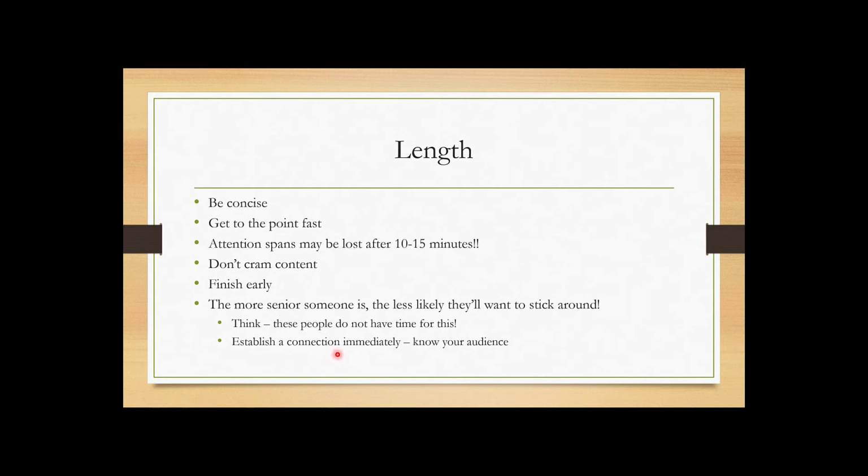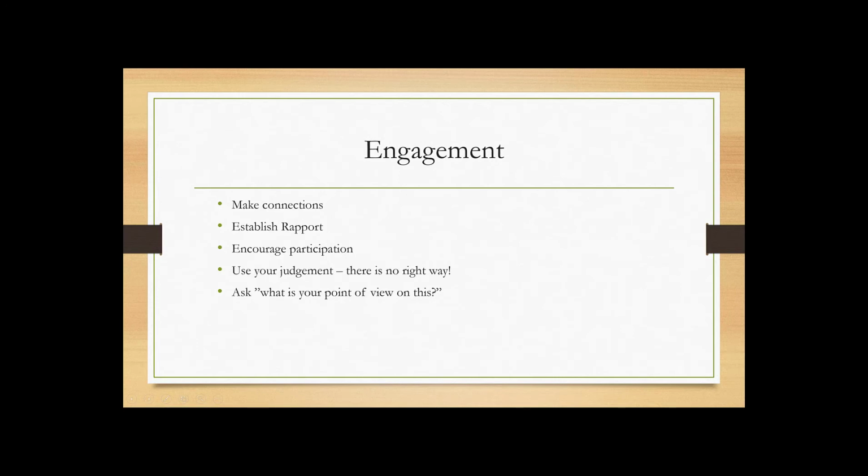And definitely, you always want to be thinking about establishing a connection with your audience as soon as possible. Engagement. Work hard to make connections. We've talked about eye contact, about walking through the room, establishing a rapport with the group.